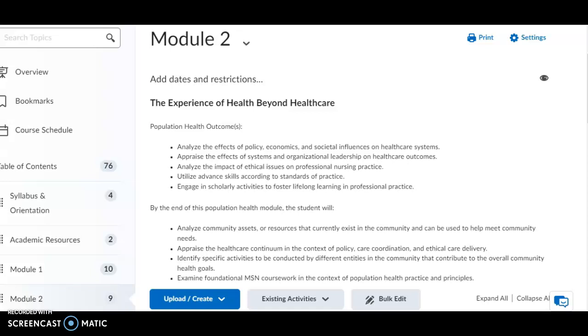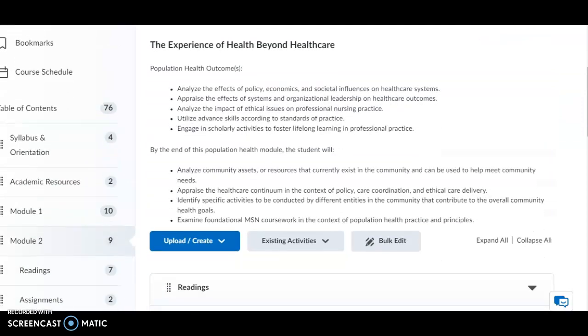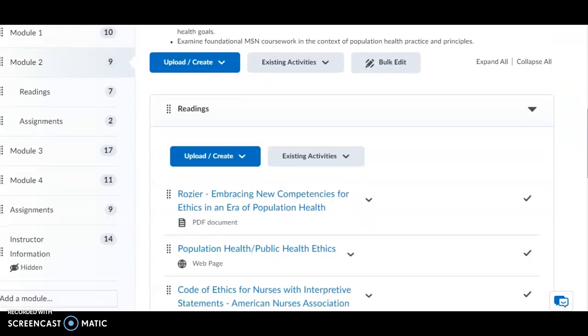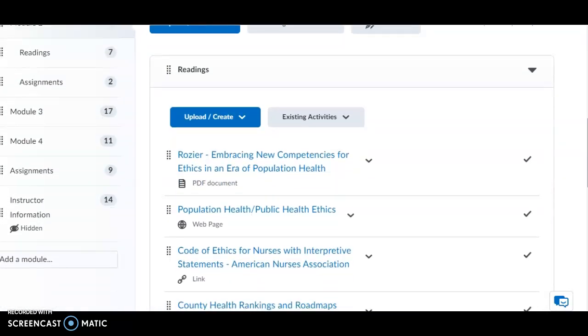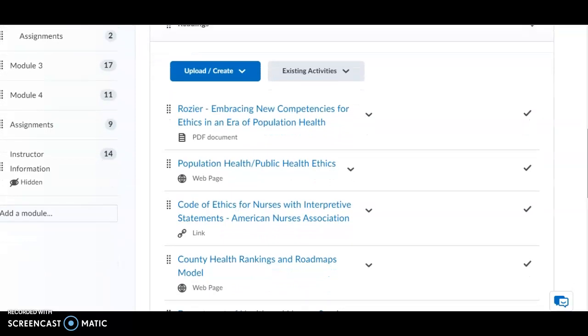There are a number of resources available again across this module that will be helpful to you as you complete the experiential learning activity. Included in this module are links for the ANA Code of Ethics with interpretive statements, the County Health Rankings and Roadmap model.